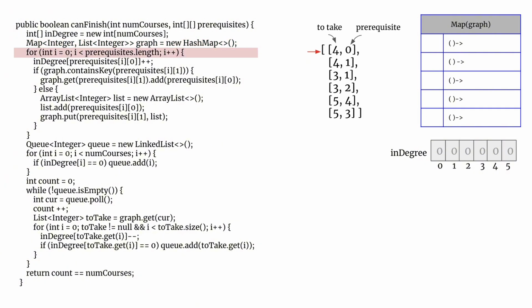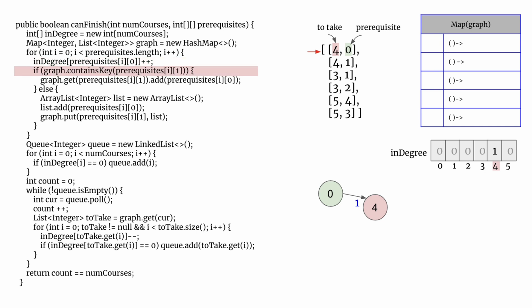For each subarray, the question specifies that the left side is the course to take, and the right side is its prerequisite course. This means course 4 has a prerequisite, so its indegree is increased by 1.